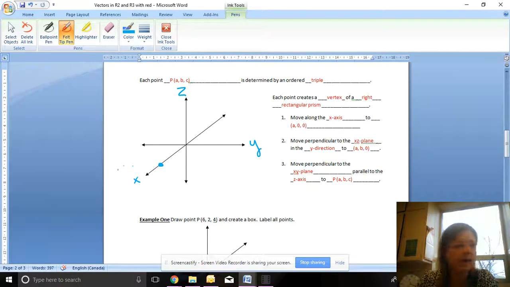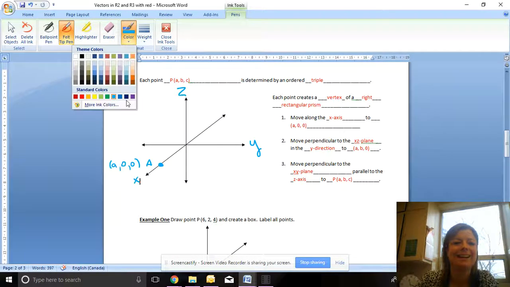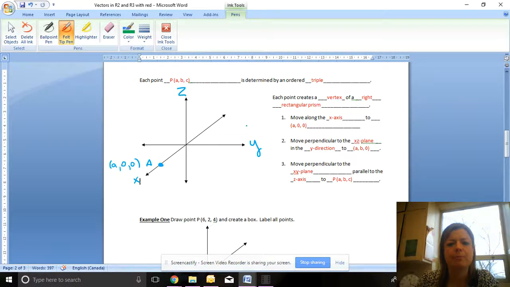I can call it capital A, and it would be the point (A, 0, 0). So if I have a triple (A, B, C), I've applied the A. So that's the first step. You just go right along the axis there. Okay, so that's step 1.